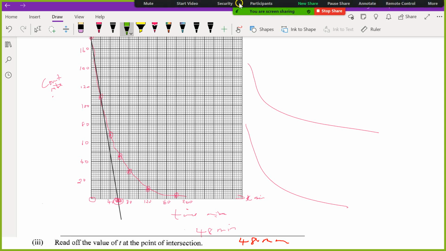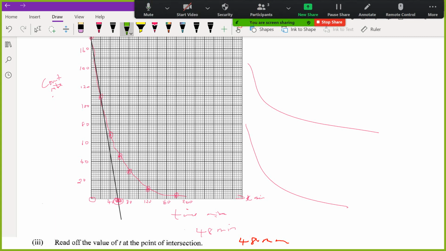Perfect. Campbell, are you with me still? I'm here, it's just crappy internet. So remember now, N is equal to this amount. We start out with this, N naught. A half of N naught would be 172 divided by 2, which gives me 86. So I need to go on the graph and find 86.